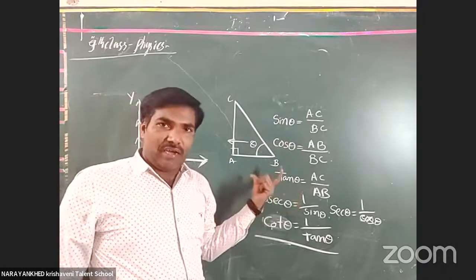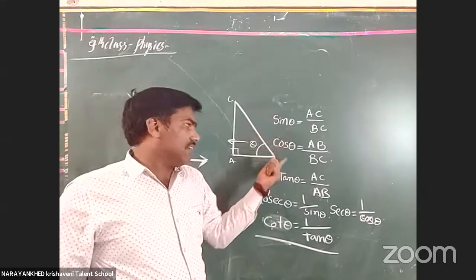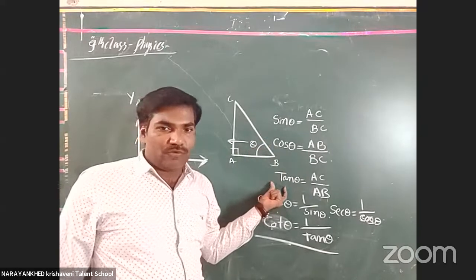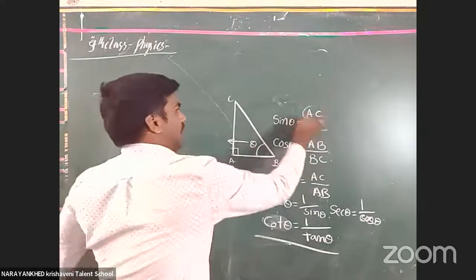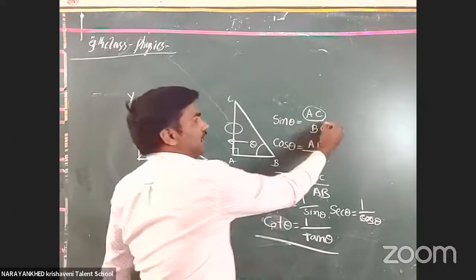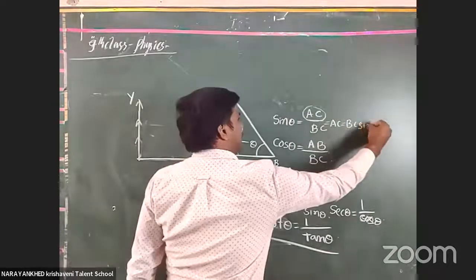These are highly utilized in our physics, especially sin theta, cos theta and tan theta. When we want to find the AC value, the opposite side value, we write AC is equal to BC into sin theta. Readable or not?